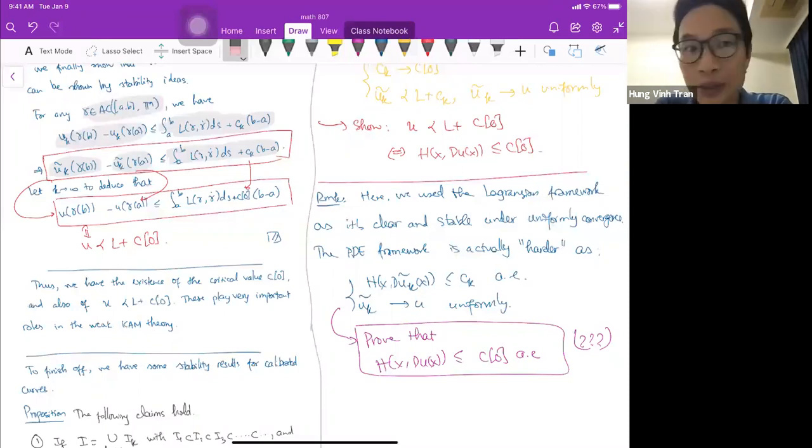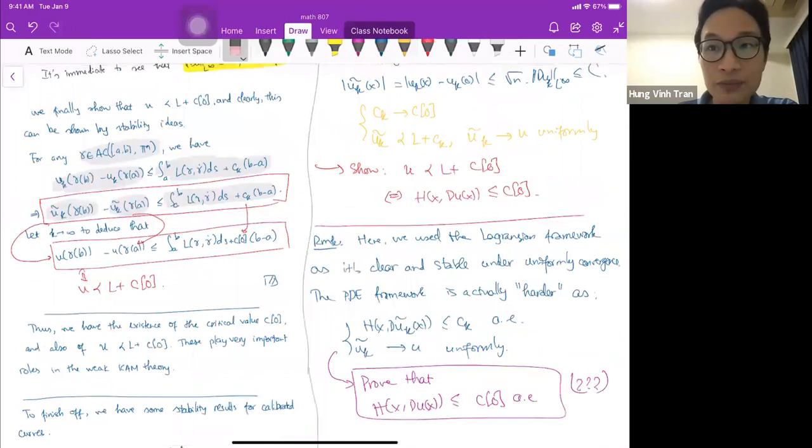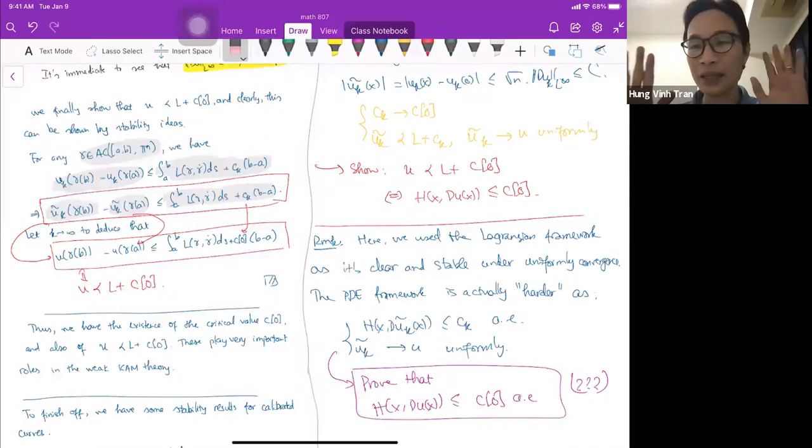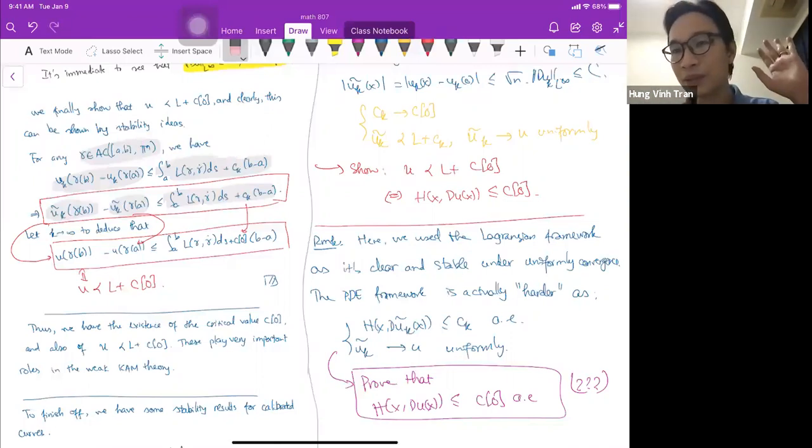So how do I conclude that? But you see that if we write the proof like in the Lagrangian framework, where we are using exactly the Lagrangian framework, it's just so easy because we have stability of everything under uniform convergence. So already here you have seen that after 17 lectures of developing everything step by step, everything is simple. But now you see that sometimes using one viewpoint is much harder than using the other.